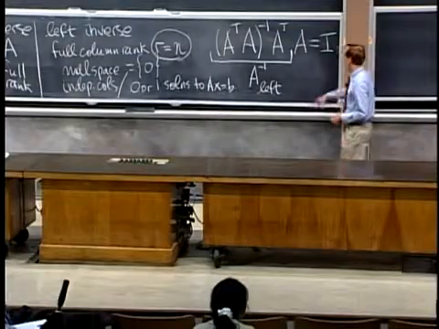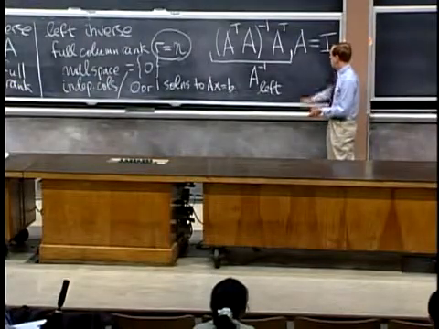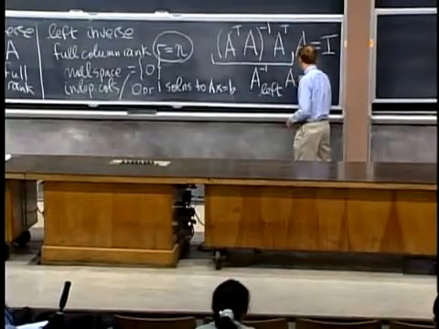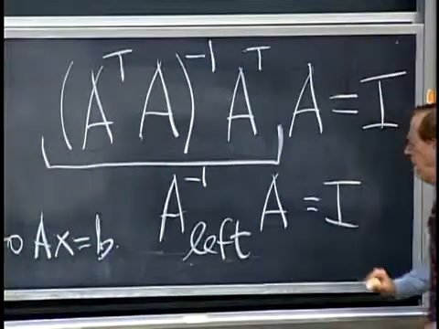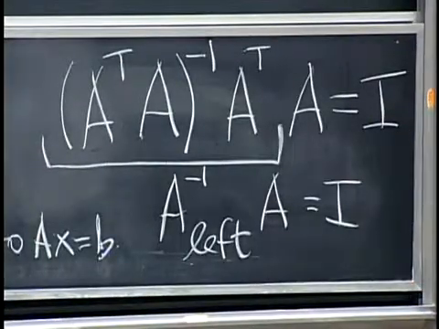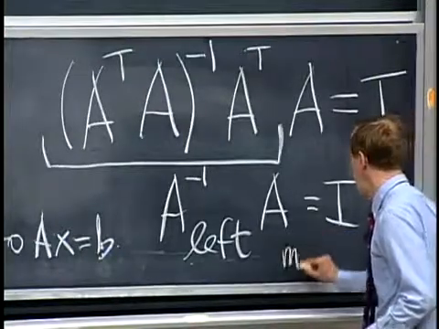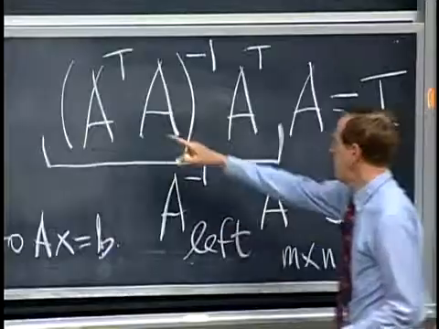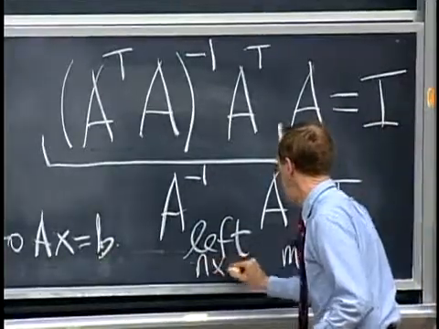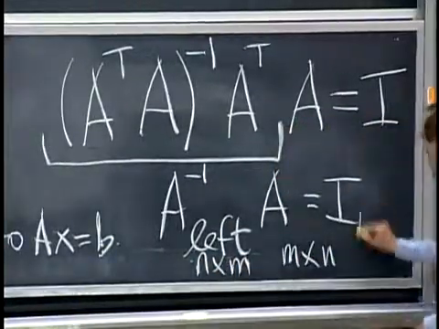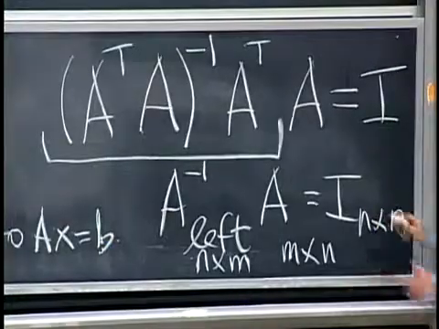Now, is it true that in the other order, A inverse left times A is the identity? This matrix is m by n. This matrix is n by m. The identity matrix is n by n. All good.